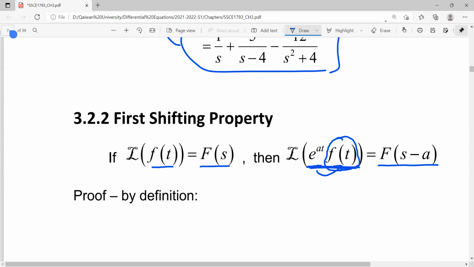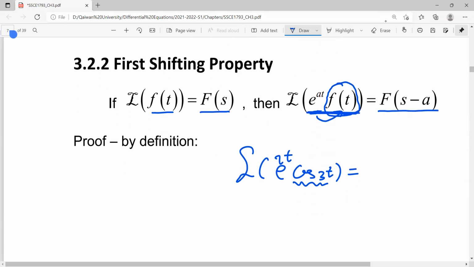For example, the Laplace transform of e to the power 2t cosine 3t equals what? Here we are going to find the Laplace transform of cosine 3t. The Laplace transform of cosine 3t equals s divided by s squared plus 9.